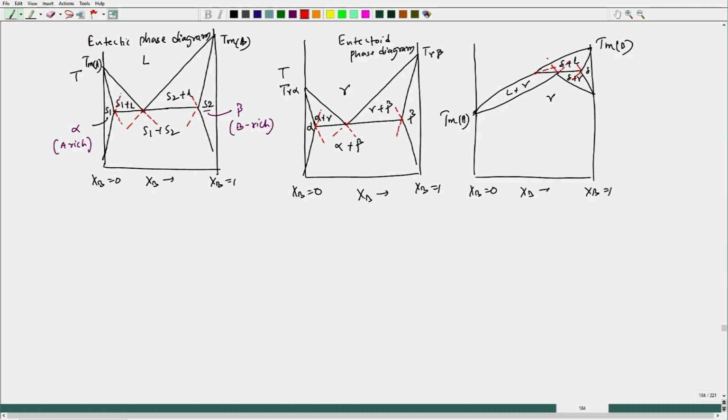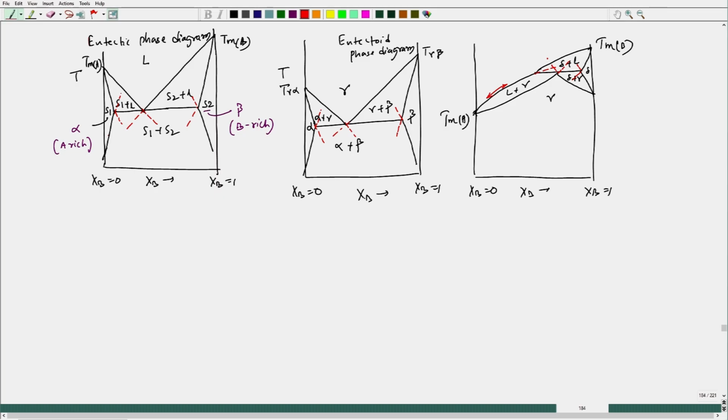Again, you see any dotted line you consider, that is actually entering into a two phase zone. For example, the composition of delta in equilibrium with gamma is entering into the delta liquid zone, and the composition of liquid in equilibrium with gamma, that dotted line is entering into the delta plus liquid zone.